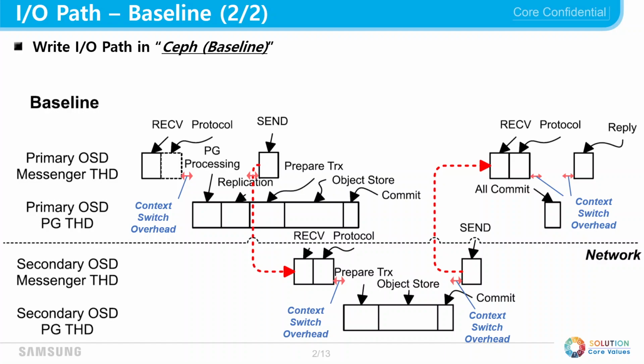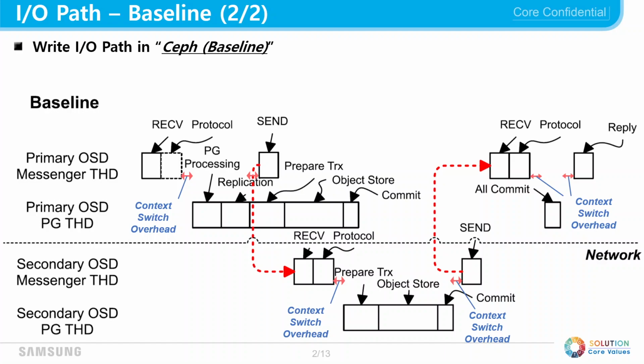First, the figure shows the baseline write I/O path of SAP with the replication factor of 2. When receiving the write request, the primary OSD prepares a replication request to send to the secondary OSD.